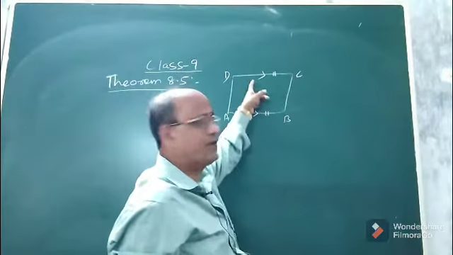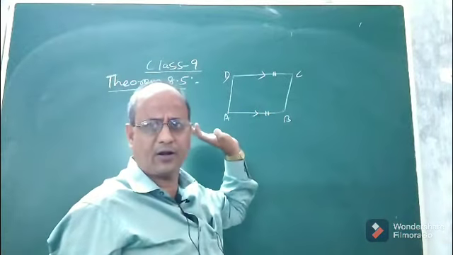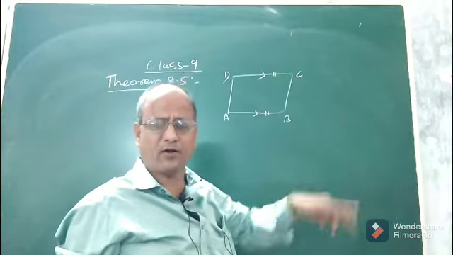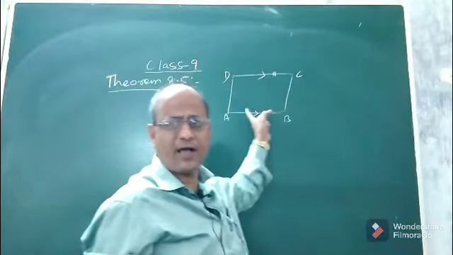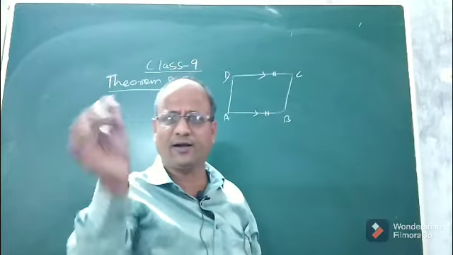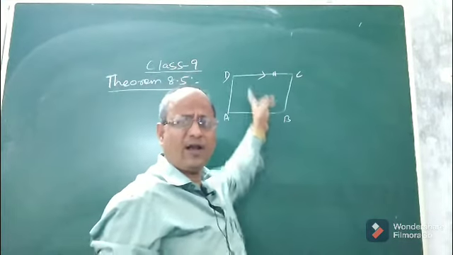Similarly, if AB equals CD and both pairs of opposite sides are equal, then also it will be a parallelogram. Then if the two diagonals bisect each other, then also it will be a parallelogram. We have already done the proof. This is another condition by which we can say that a quadrilateral is a parallelogram: one pair of opposite sides equal and parallel.